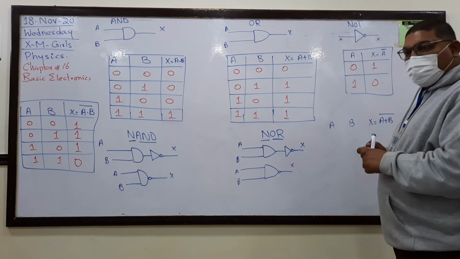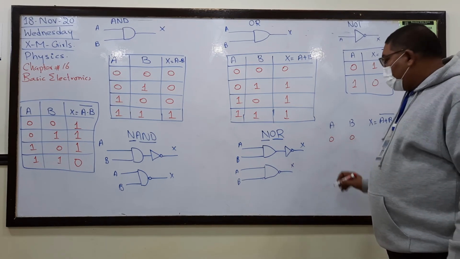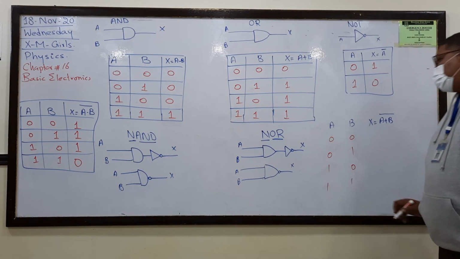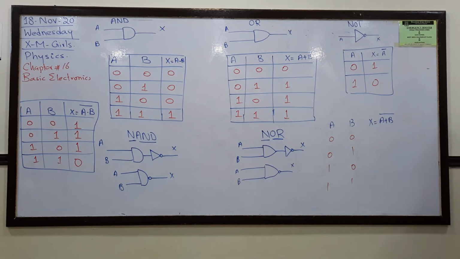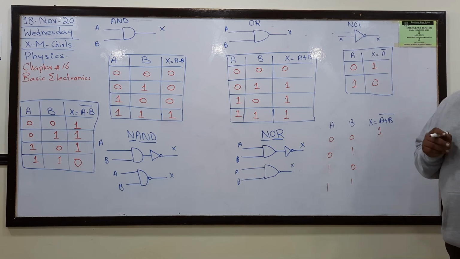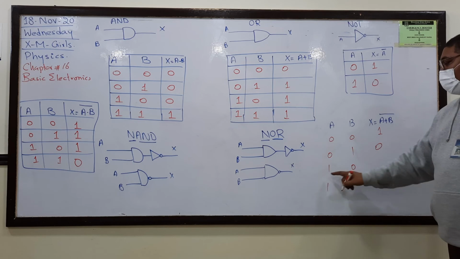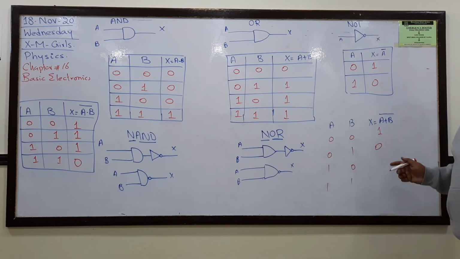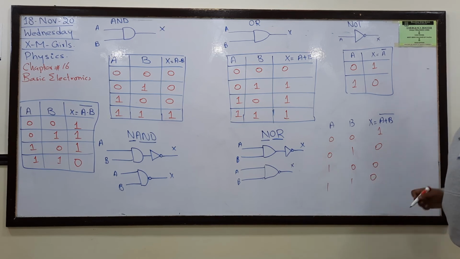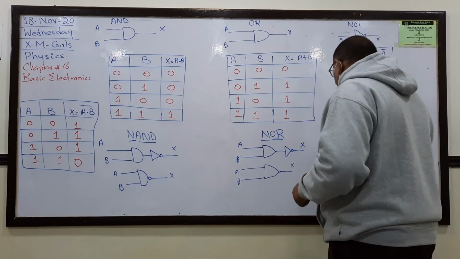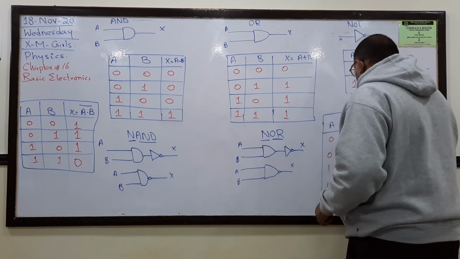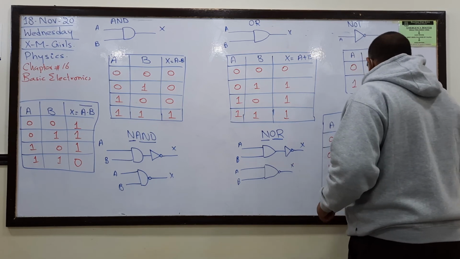So the inputs can be 0, 0, 0, 1, 1, 0, 1, 1. 0 plus 0 will be 0, and inverted it will be 1. 0 plus 1 is 1, invert it, 0. 1 plus 0 will be 1, inverted, it will be 0. 1 plus 1, which is 1 actually, so inverted, that will be 0. So this is the truth table for the NOR gate.